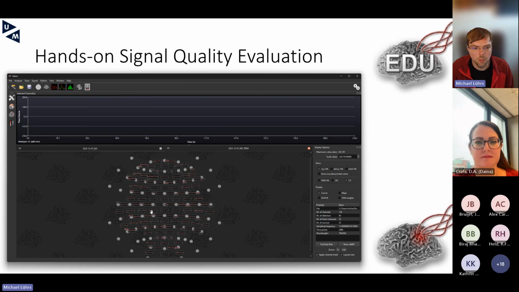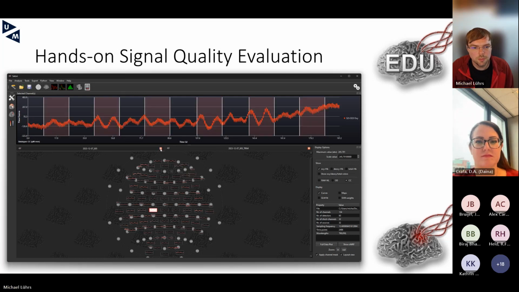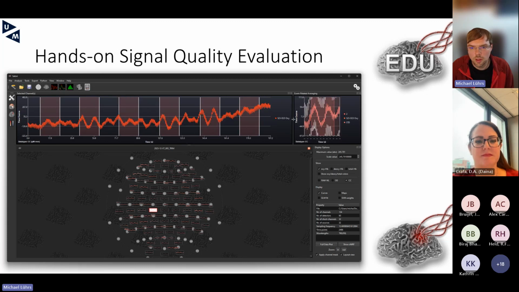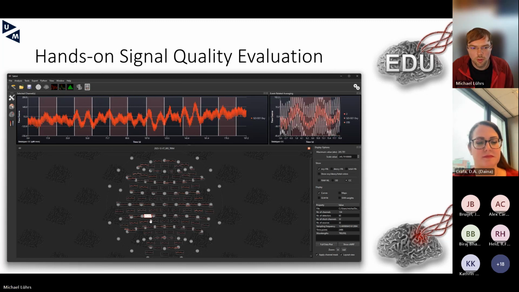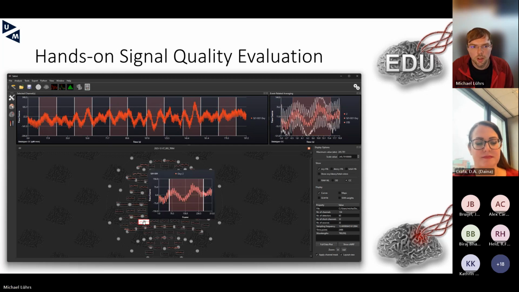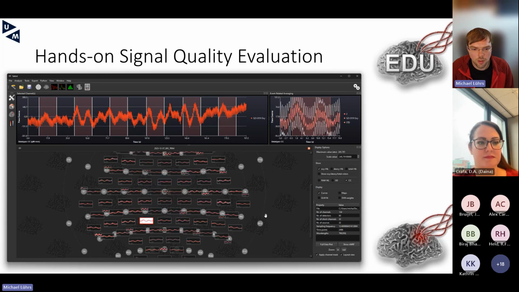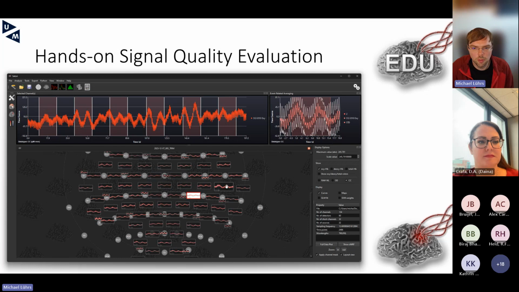So you can see that in this data set, which was a bilateral hand movement task, we can't really clearly see a response. And that is one of the things where the extracerebral is really in effect.